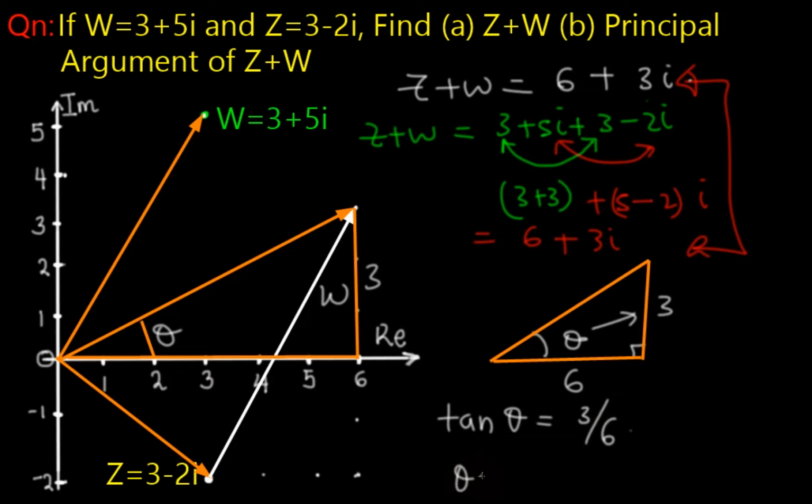Therefore, theta is equal to tan inverse of 3 out of 6. And if we use our calculator, the value of theta is equal to 26.6 degrees in an anticlockwise direction.